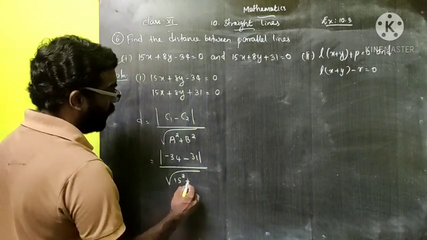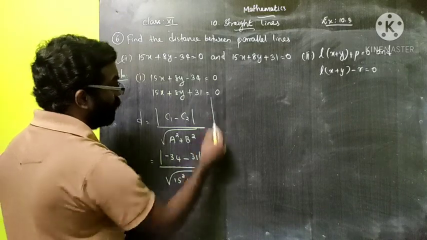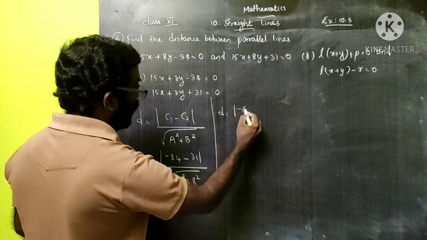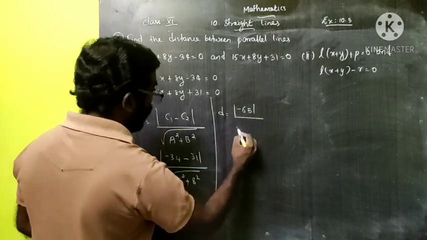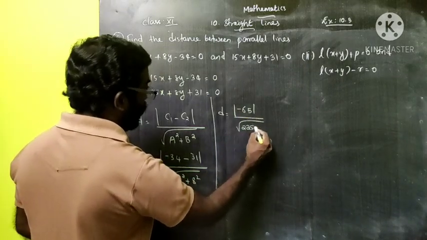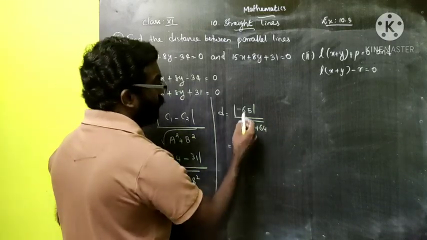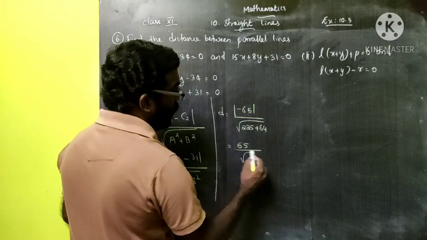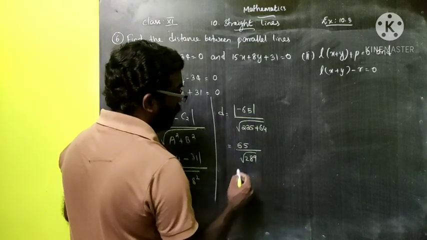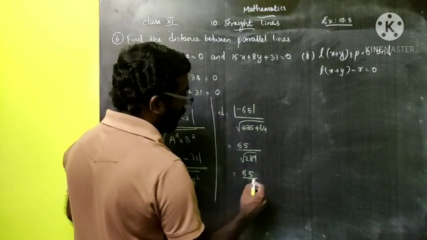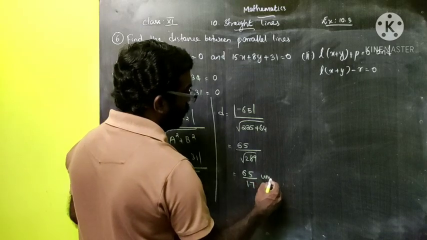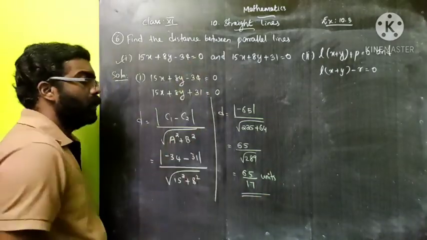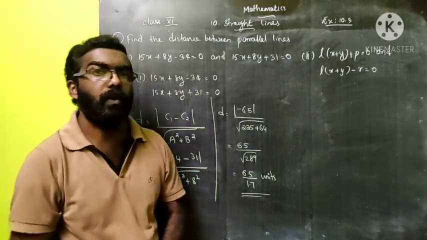Or we can write d is equal to modulus of minus 65 divided by root of 225 plus 64. After taking the modulus, we get 65 by root of 289. It is 17. So 65 divided by 17 units. The distance between these two parallel lines is 65 by 17 units.